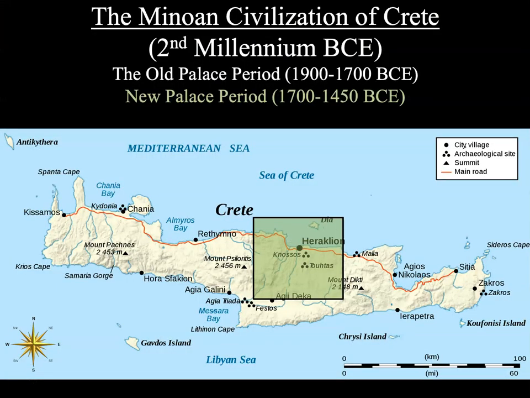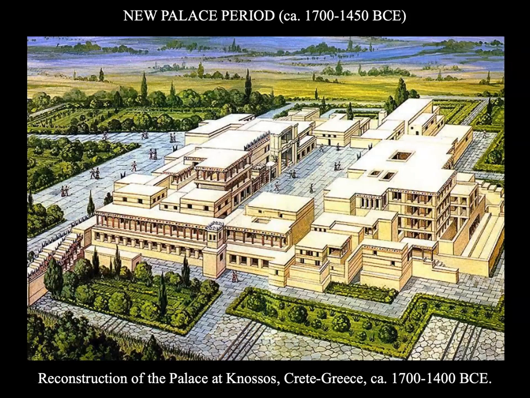Now, the New Palace period from 1700 to 1450 is where we have a lot of the art that we have to talk about, mostly because this is post-destruction of fires and the earthquake. So we really know most about the New Palace period, with the reconstruction of the temple and palace and the different structures around it.